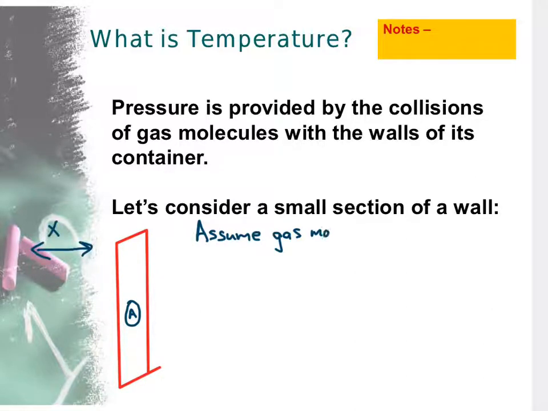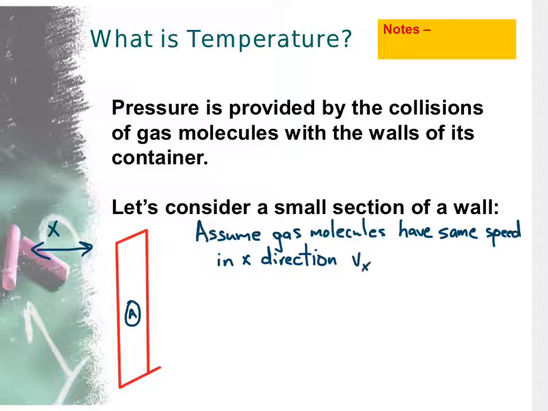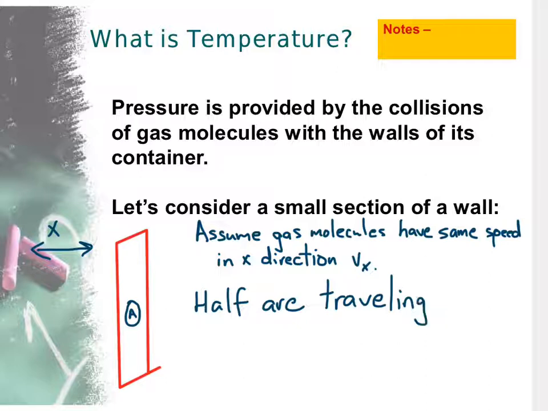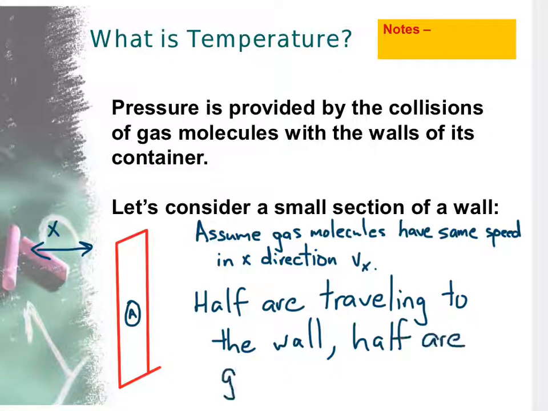And let's assume that gas molecules have the same speed in the x direction, and we're going to call that speed v sub x. The other thing we're going to assume is that half of the molecules inside this volume are traveling toward the wall, and half of the molecules are going away from the wall.